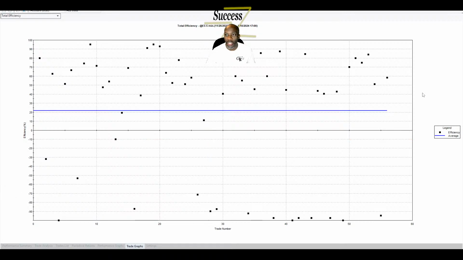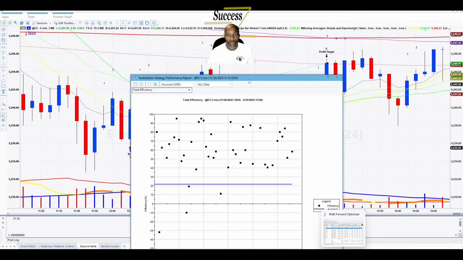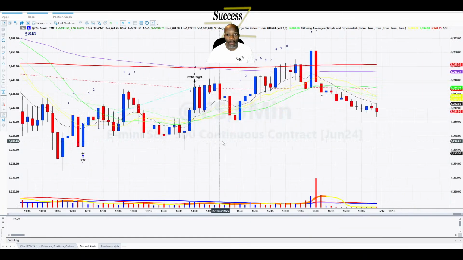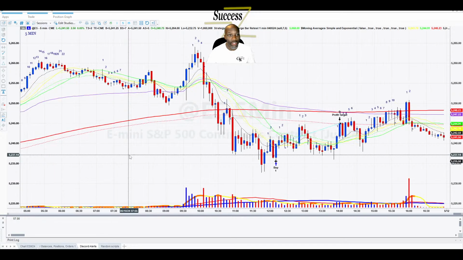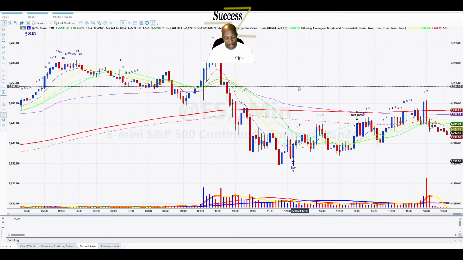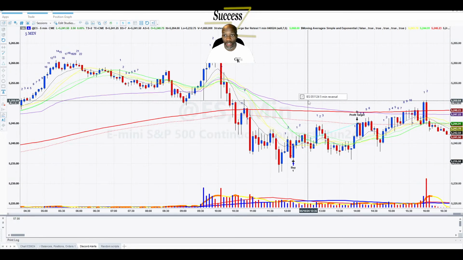So this is one that I will put on my chart for the 5-minute time frame. So what I need to do now is, if I take it off of my chart, this is the strategy.